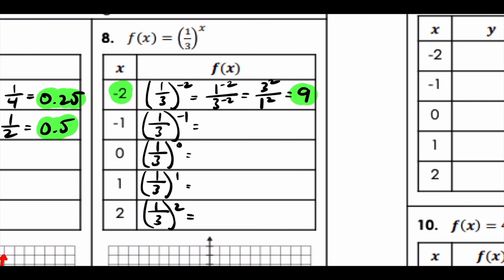Right? So 3 and 1 switch spots, and you make the exponent positive. That's all you ended up doing. That's the shortcut. Okay, so what is the second one going to be? Positive 3. The next one's going to be positive 3.